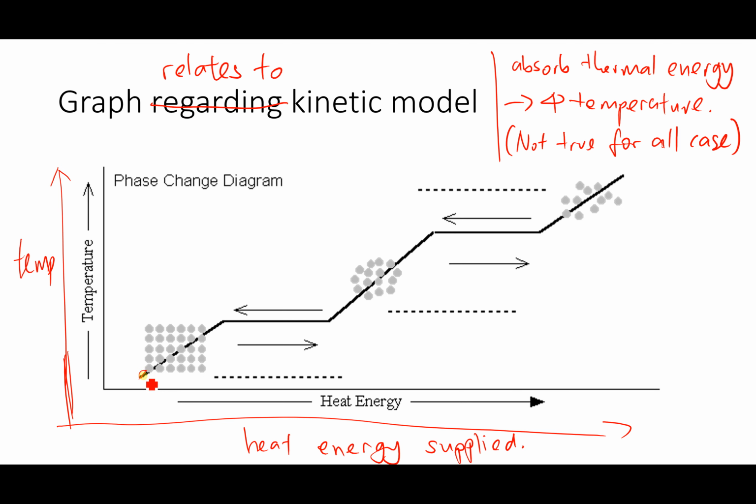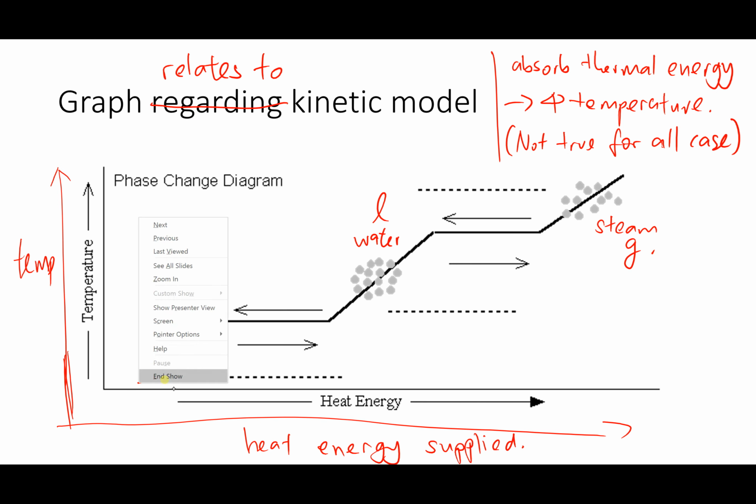Okay, as the heat energy increases within this region, let's call this ice, which is a solid, let's call this water, which is a liquid, and let's call this steam, which is a gas. For an increment of thermal energy within this region for ice, there's an increase in its temperature, which is true.